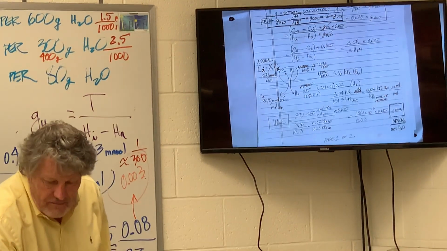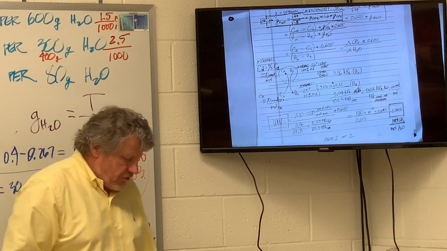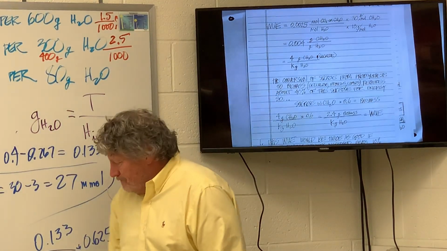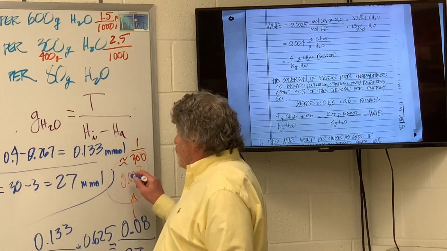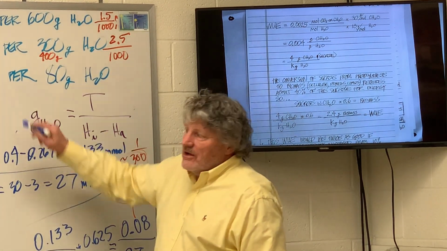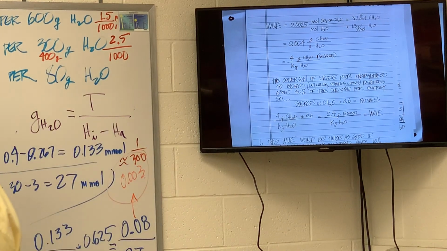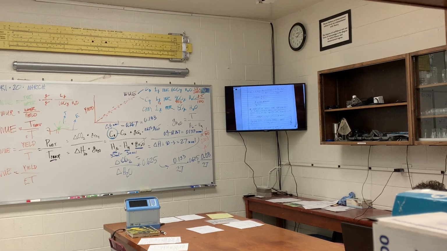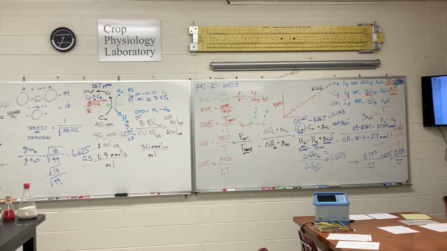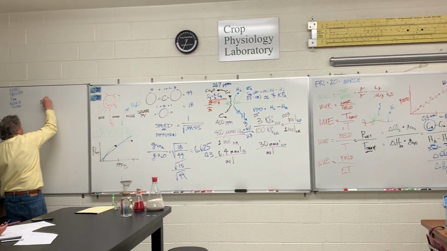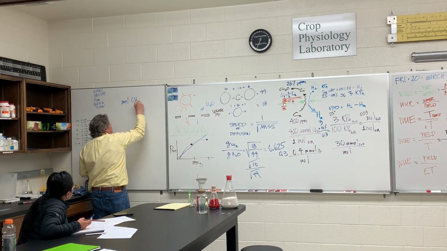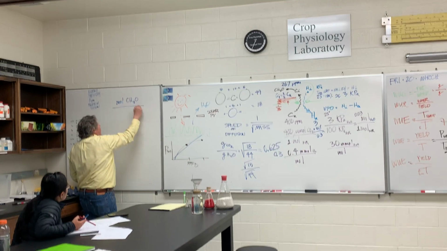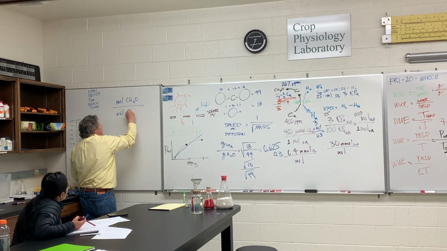So now, we turn this over. Let me put this on the board. We can't directly compare these yet because I'm out of room, but I can put it all the way over here. We have a mole of CH2O per mole of H2O.